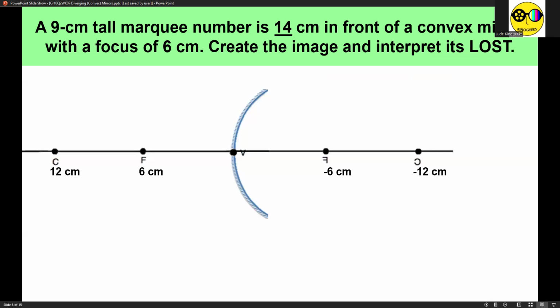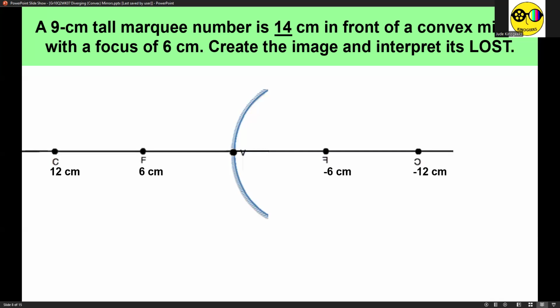And because you have duplicated focus and radius of curvature, an extra pair on the other side of the mirror, then they still have the same magnitude but with different sign this time. So the focus on the right side will be negative 6 centimeters, and the radius of curvature on the right side will be negative 12 centimeters this time.